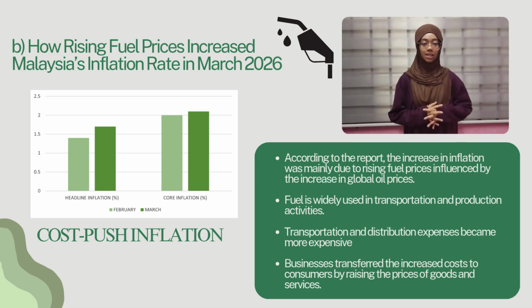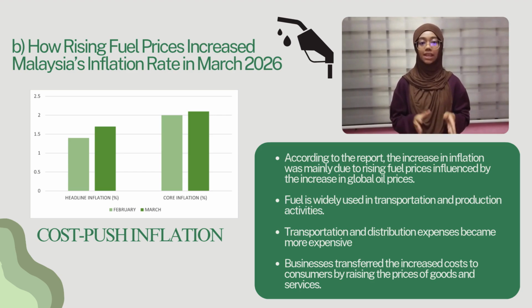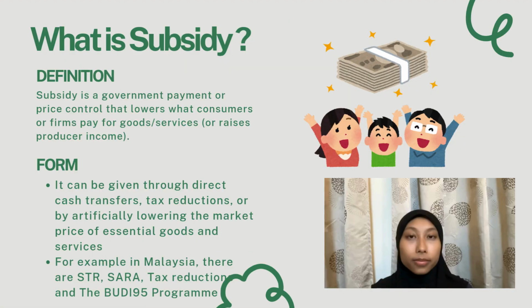The report stated that the rise in inflation was mainly due to the higher retail fuel prices following the increased global oil prices. As the fuel costs increased, the transportation and distribution expenses also became more expensive. As a result, the businesses transferred these additional costs to the consumers by increasing their selling price.